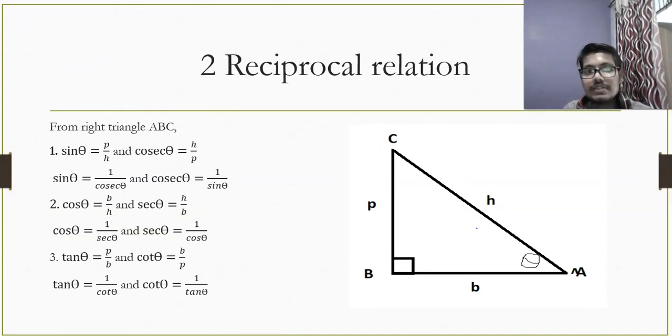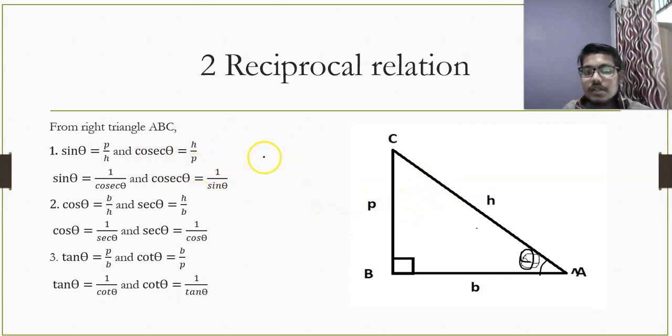Now we talk about some of the reciprocal relations in this chapter. In triangle ABC, here is the angle theta. Sine theta equals perpendicular upon hypotenuse, and cosec theta equals hypotenuse upon perpendicular.